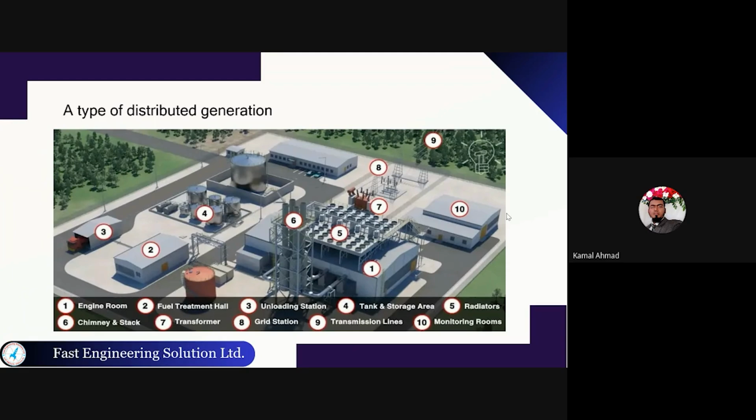One grid station is required to connect it with the local grid or local distribution network with the transmission line, and one monitoring room to monitor the power plant.